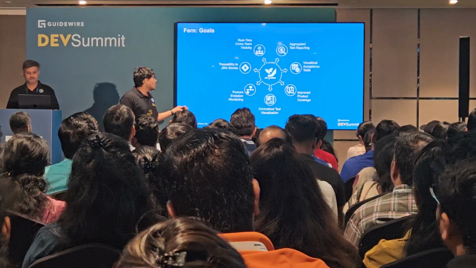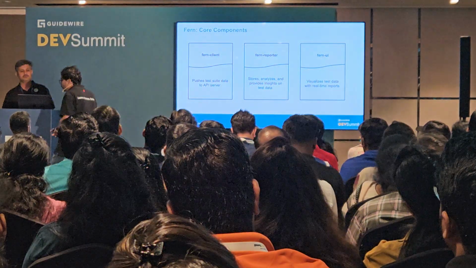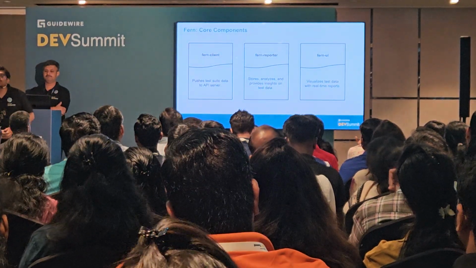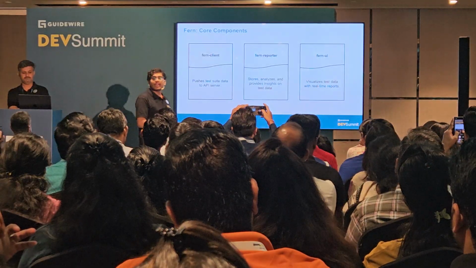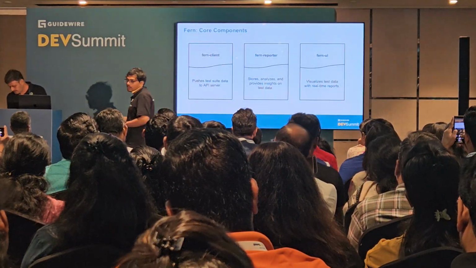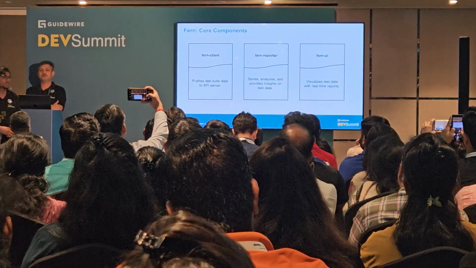So at the core, Fern works with three components, which are Fern Client, Fern Reporter, and Fern UI. Starting with the client, which I already mentioned, we have Ginkgo and JUnit being the two clients which support Go-based and Java-based applications.